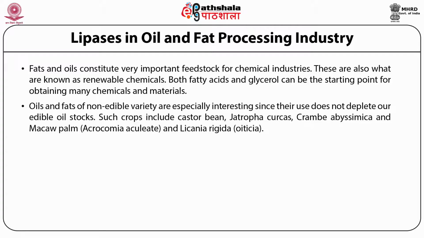Such crops include castor beans, Jatropha curcas, Crambe abyssinica, macaw palm, and Licania rigida. In Brazil, many of these have been exploited for biodiesel production. A particularly attractive feature of these crops is tolerance to harsh conditions and ability to grow on low fertility soils.